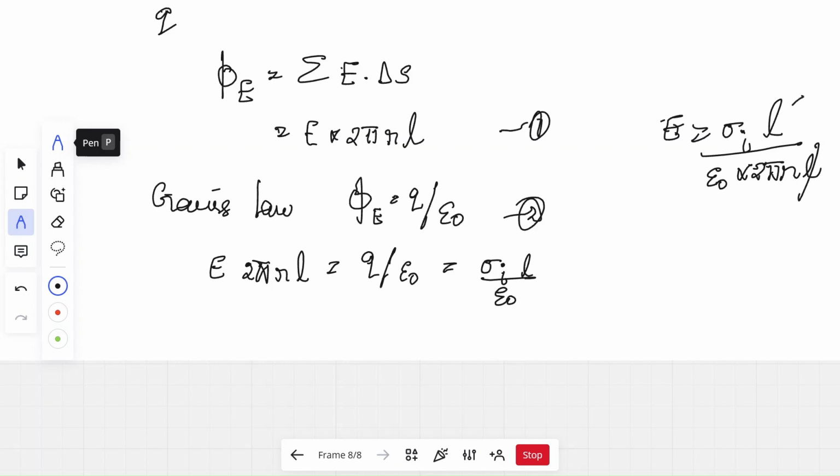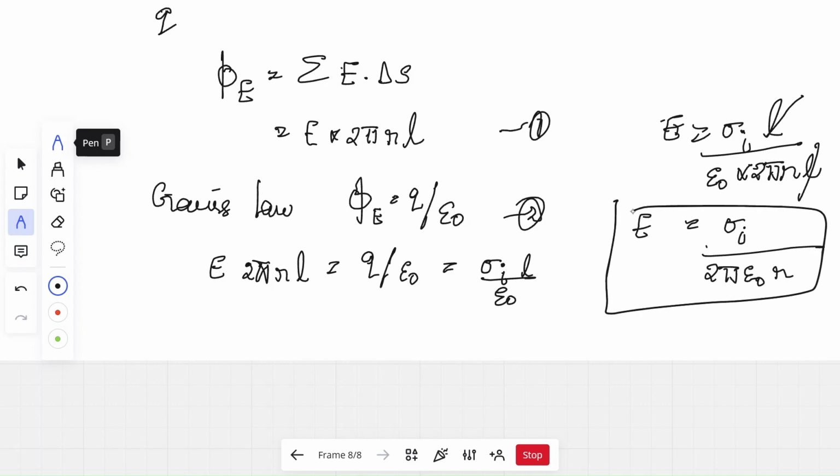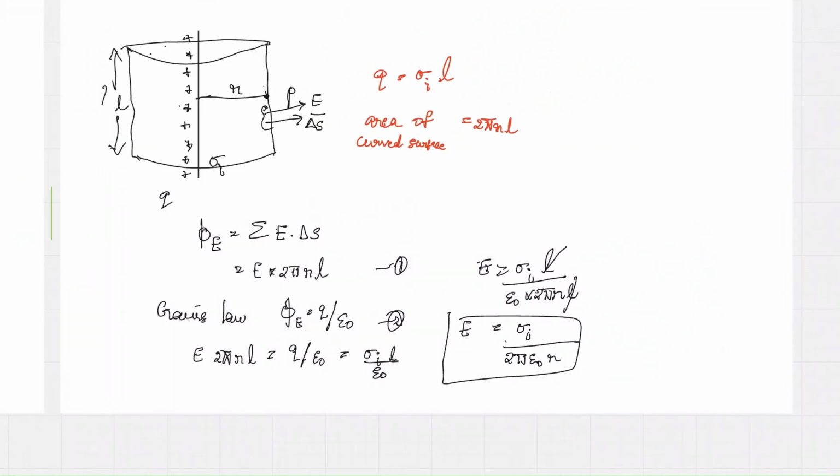So we can calculate this. So E is equal to lambda by 2 pi epsilon naught r. This shows that electric field varies inversely with the distance.